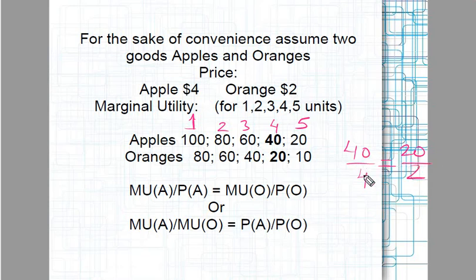Because 10 and 10, both are equal. So the money will be distributed in such a way that the ratio of utilities to their prices is exactly the same in the case of all the commodities.